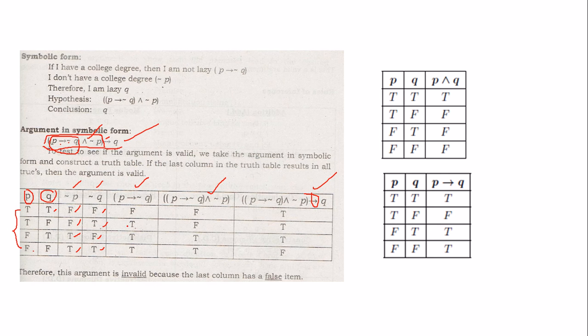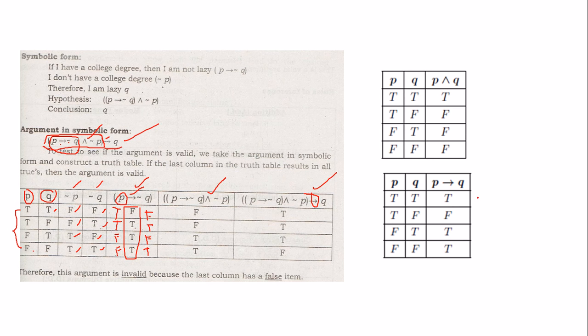And then the last operation will be the implication, or the conditional statement. Now, how did we get these truth values? Go back to P: true, true, false, false, right? And not Q will be false, true, false, true. The operation here is conditional.